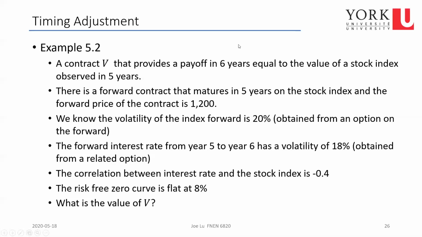So if the contract is instead based not on the price, but on the rate, observed in year 5, but paid out in year 6 based on a 1 year rate, then you don't need this adjustment, okay? You only need this timing adjustment if it's a price that you observed at year 5, but that value is paid to you at year 6.